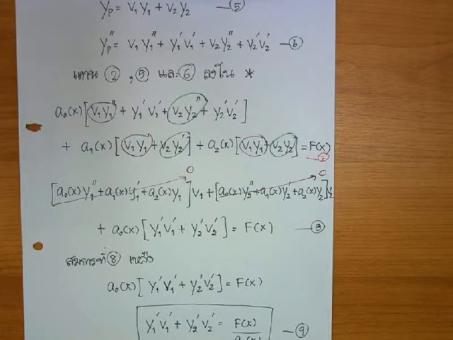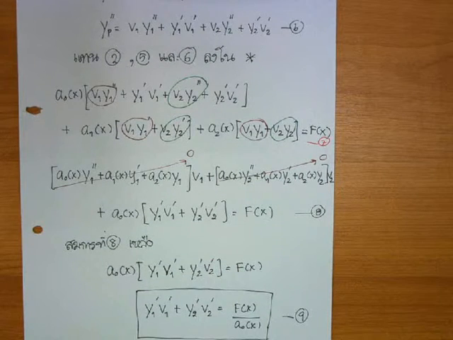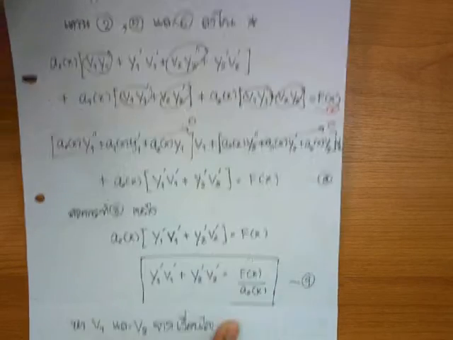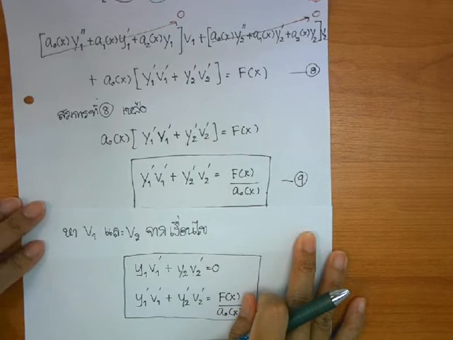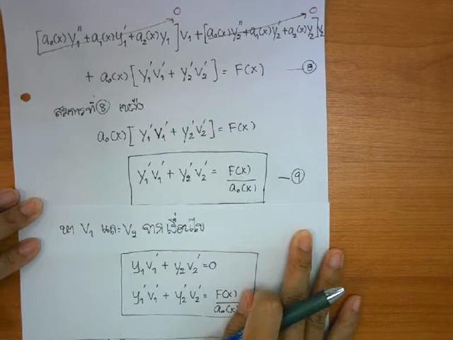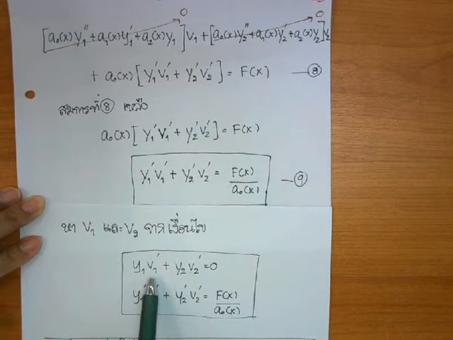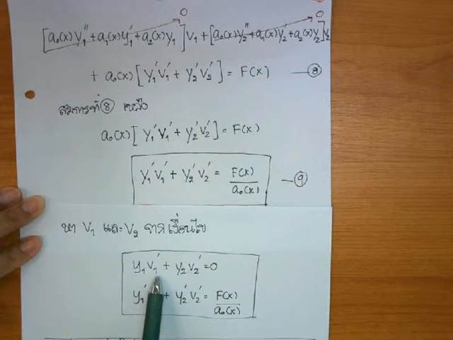Now we have two equations, which are equation 4, which is our assumption, and equation 9, which is coming from the value that we plug into the equation. So from these two equations, we have only two parameters which are unknown. Those two parameters are the first derivative of v1 and the first derivative of v2.